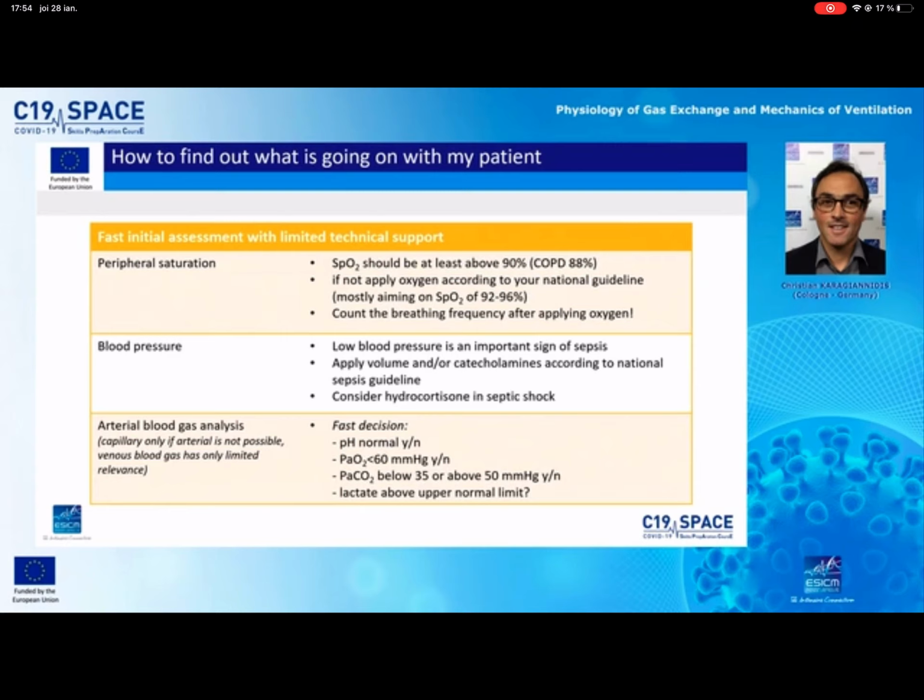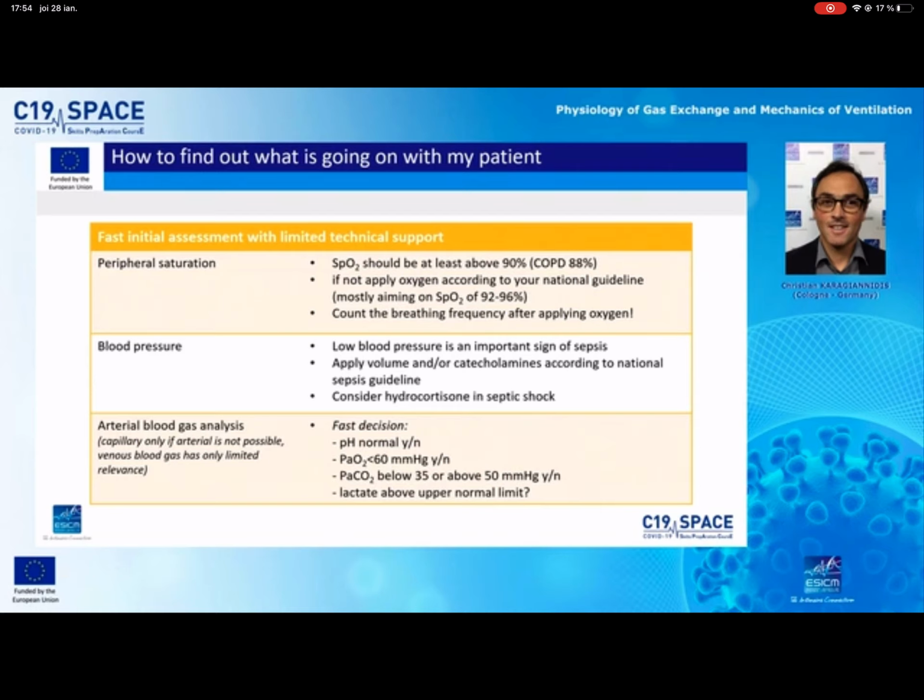If you have a low saturation, you should apply oxygen in these patients, of course. And once more, please count the breathing frequency after applying oxygen. This gives you a very important hint about the severity of the COVID-19 infection.